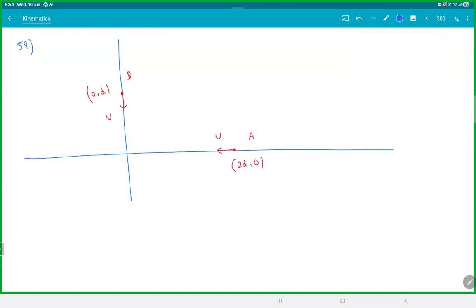So we have two vehicles going with the same speed along the x and y axis. Find the minimum distance between A and B. A and B move with speed u along the x and y axis as shown.